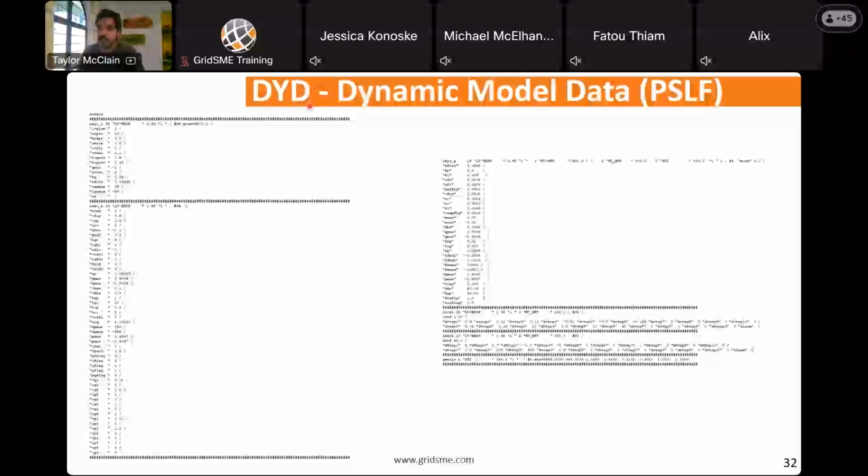DYD is the file extension, so if you see a .dyd file, that is a PSLF dynamic model. This particular model here is for the BESS, and you'll see that we have the generator control, the electrical control, and the power plant controller here, as well as the inverter voltage and frequency trip settings.